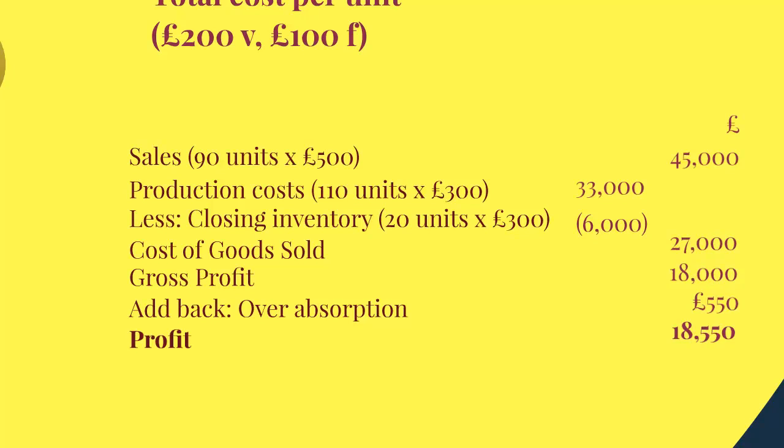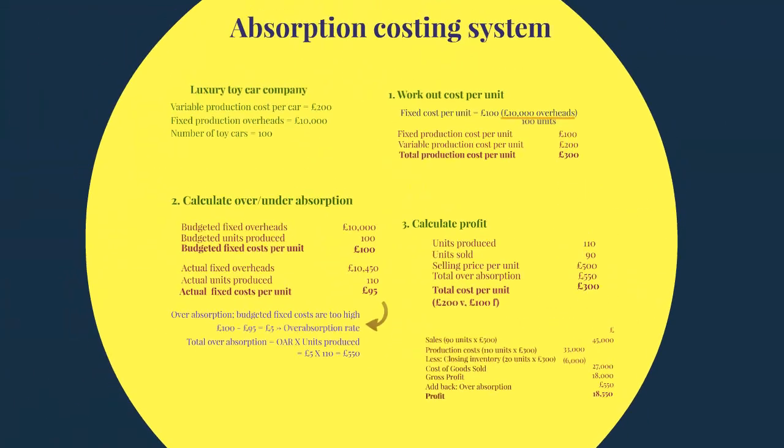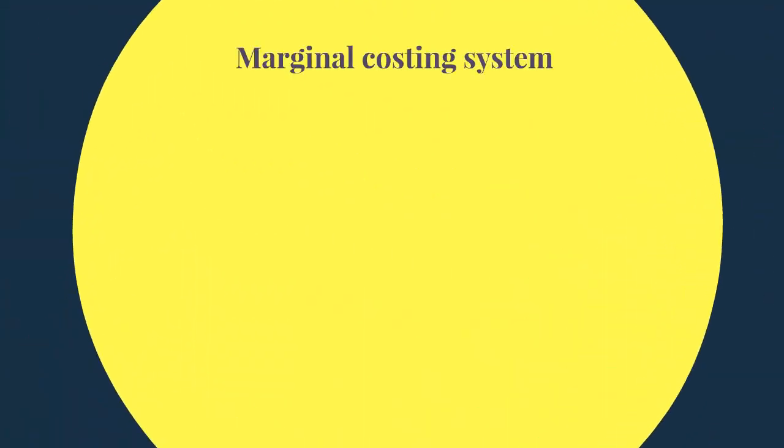Now the main reason why we have to add back that overabsorption is because the production costs and inventory are calculated using the budgeted cost per unit, not the actual one, which is what sales have been calculated by. So that is costing under an absorption system.